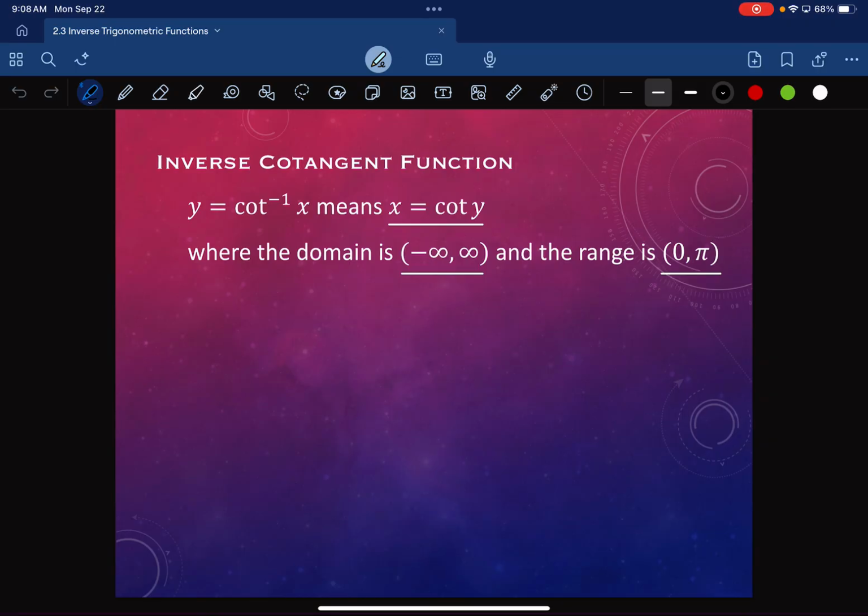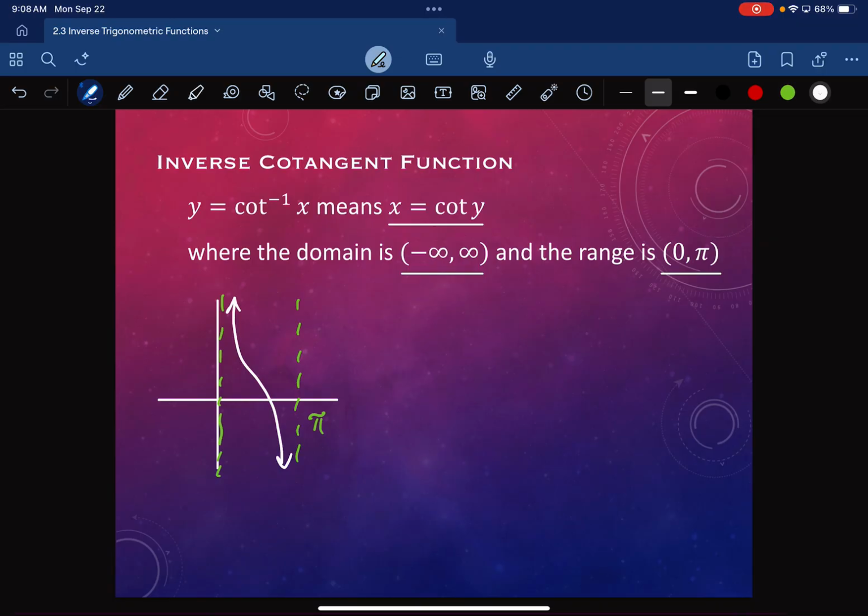The reason it doesn't is because if you'll remember the graph of tangent, and let me just sketch one of the cycles of it in here. The cotangent graph has asymptotes that go from the y-axis over here to pi, and it's a decreasing graph that looks something like this.